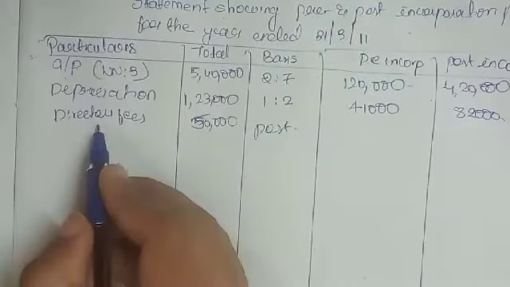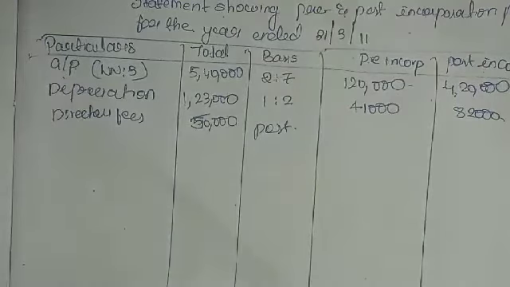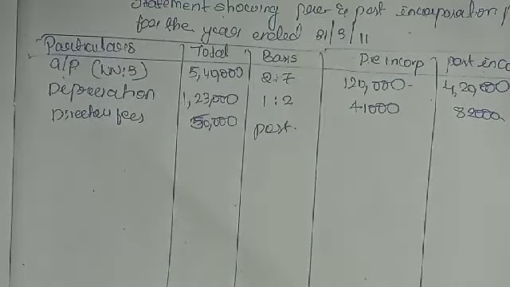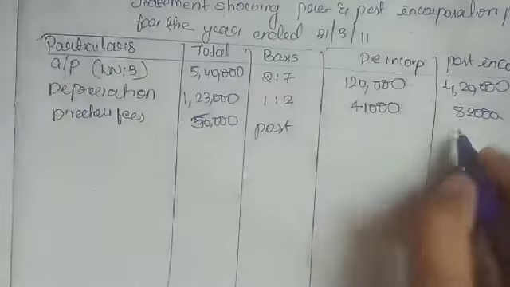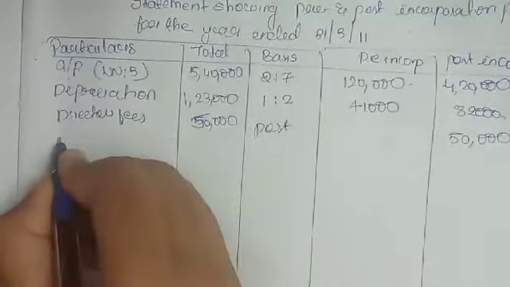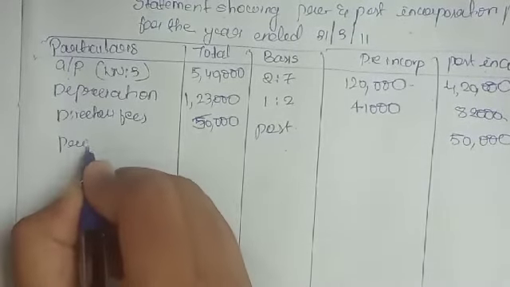Why? Because only after incorporation of a company will you give director's fees; such things will happen only then. So it will always be post, and you'll write it in post-incorporation. The next one is preliminary expenses.